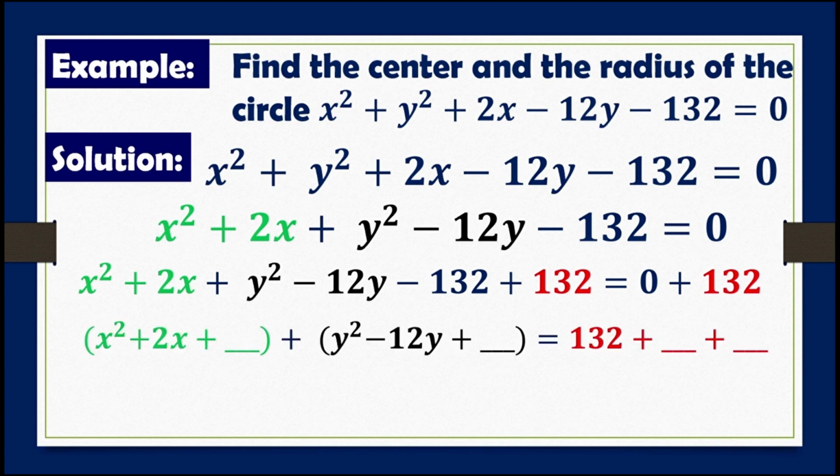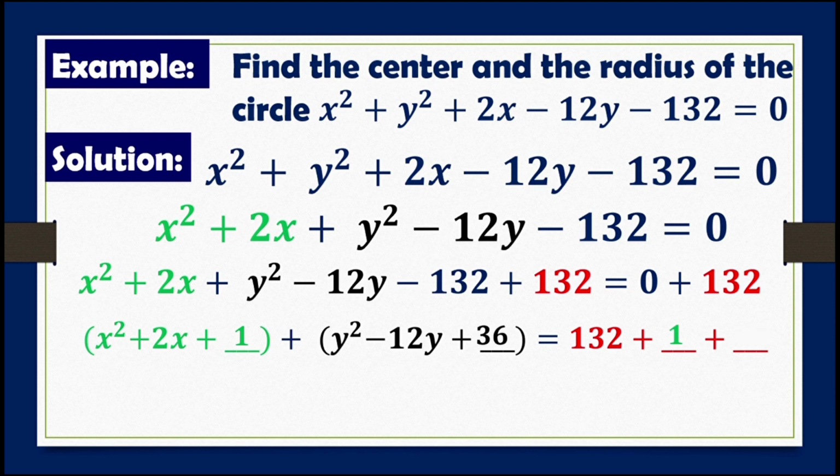Then we will make our expression x squared plus 2x a perfect square trinomial by getting half of the coefficient of x and squaring it. So half of 2 is 1, squaring it, that is 1. Whatever is added on the left side will also be added on the right side. Then we will also make y squared minus 12y a perfect square trinomial by getting half of negative 12, which is negative 6, squaring it, that is 36.